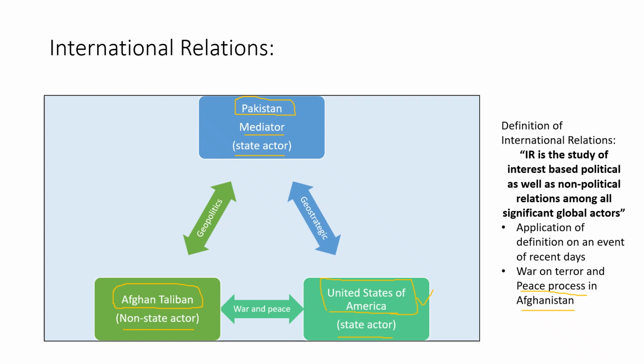First of all, in the war on terror, the interest of the US was dismantling and destroying Al-Qaeda. This was the interest of the USA when it launched the war on terror in Afghanistan, when it invaded Afghanistan. Okay, so this was the interest. What was the interest? Dismantling and destroying Al-Qaeda.